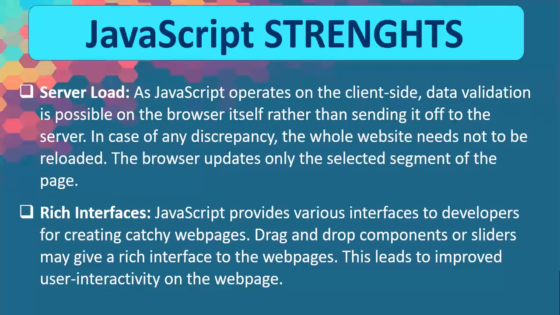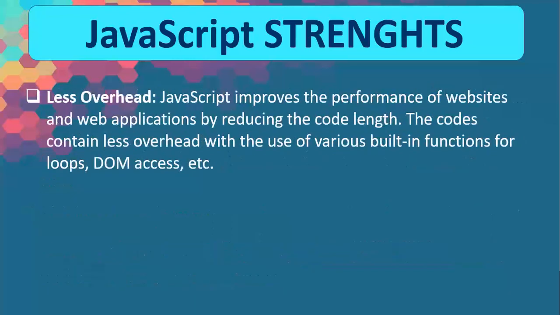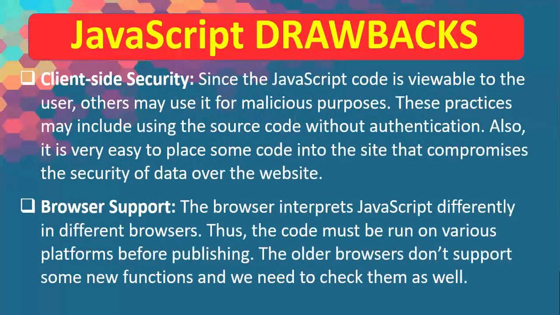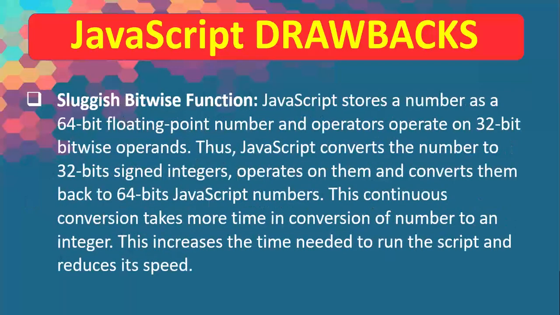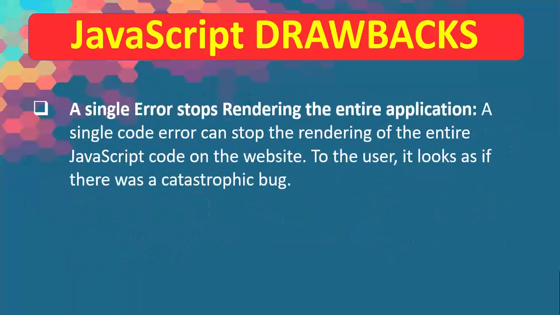That's why JavaScript remains number one. Even if many developers are doing JavaScript, the jobs are still many. But it also has drawbacks. You can pause and read about the drawbacks.